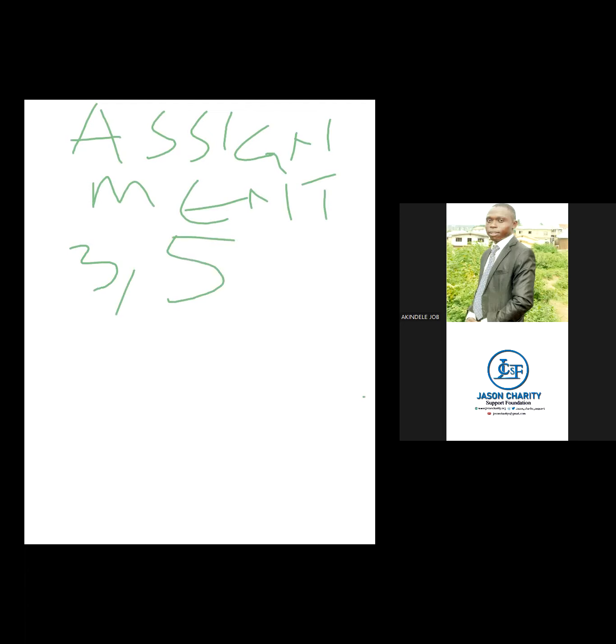So that is what will be our assignment. Determine the mean score of these figures or of these marks. 3 students got these marks in economics. Then you can send it through the coordinator of this class.